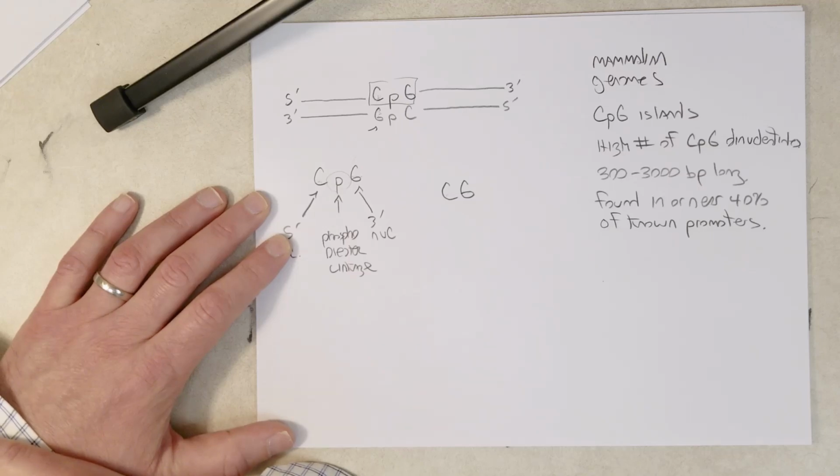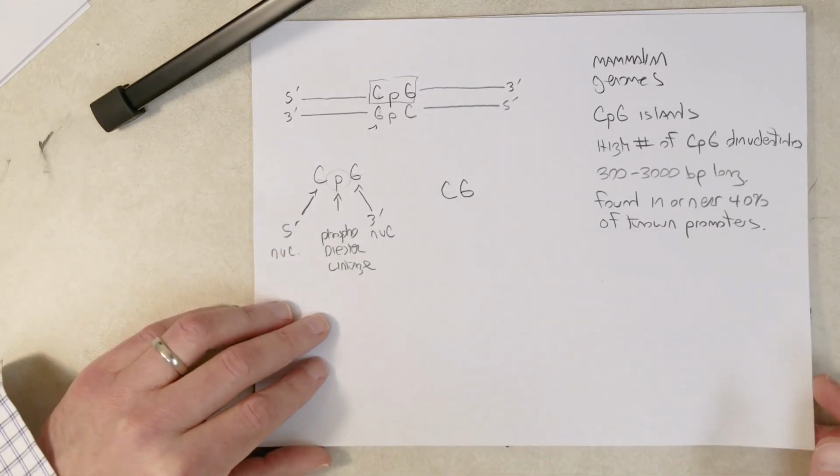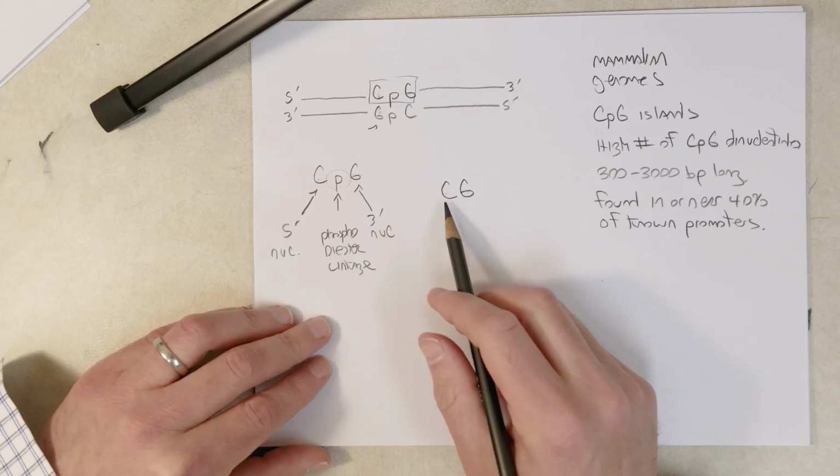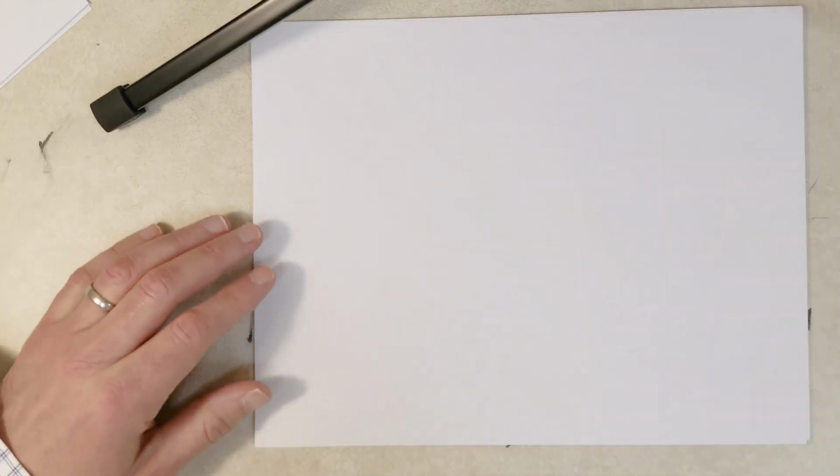Now, the evidence seems to suggest that DNA methylation typically inhibits transcription. So why would DNA methylation, cytosine methylation, inhibit transcription? Or at least what is the evidence for that?